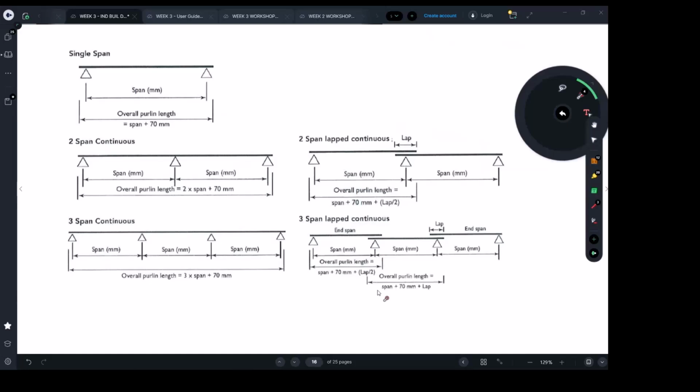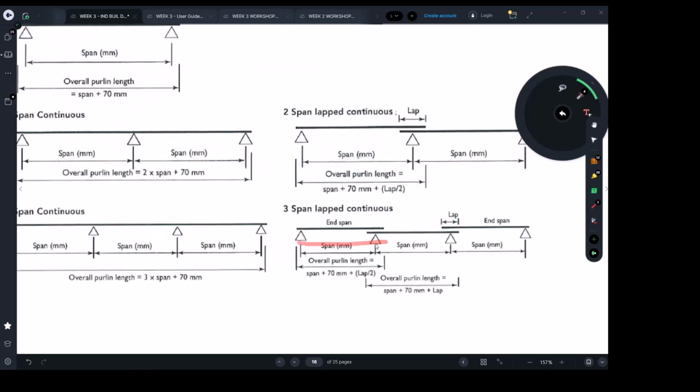I will tell you you have 3 spans for your purlin, and it is not possible to deliver a truck longer than a particular distance. Let's say the span here is about 6 meters.